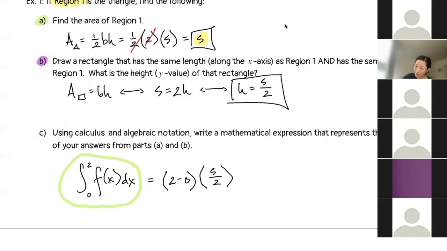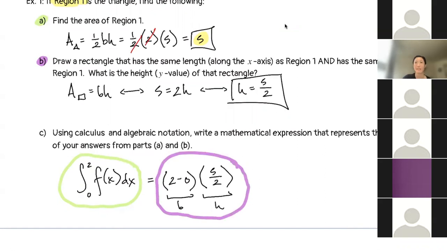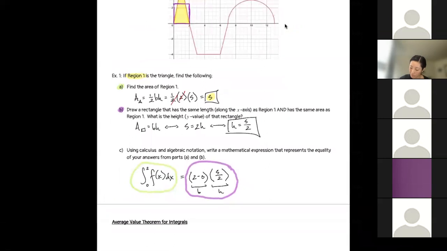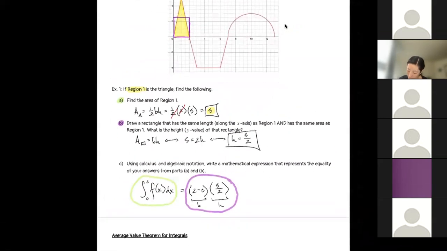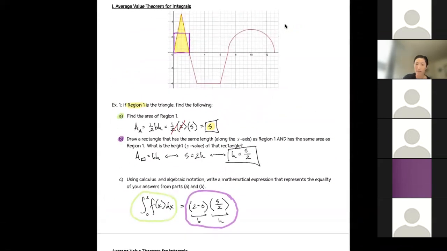Yeah, that's exactly, this is the base of the rectangle. This is the height of the rectangle. And together, that would be the purple rectangle that we drew above. Okay. So we've got the area of that rectangle, that purple one. We've got the area of the triangle, the yellow one.